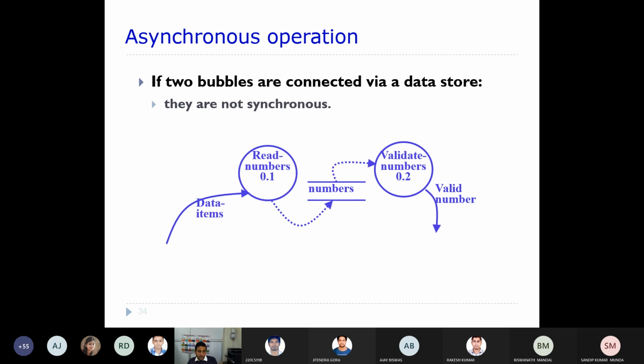So whenever two bubbles are asynchronous to each other, they are going to use some sort of data store in between these two processings.